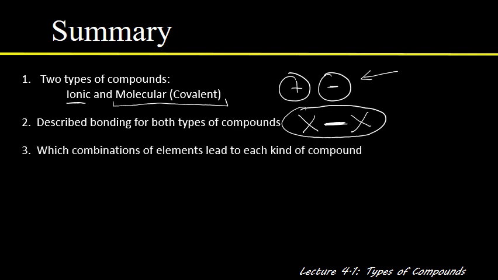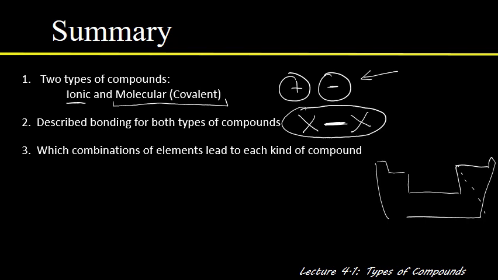All right. So we looked at the bonding for each of those, which I just mentioned a minute ago. We talked about how to determine based on the periodic table which kind of elements are likely to form ionic compounds and which are going to form molecular compounds.